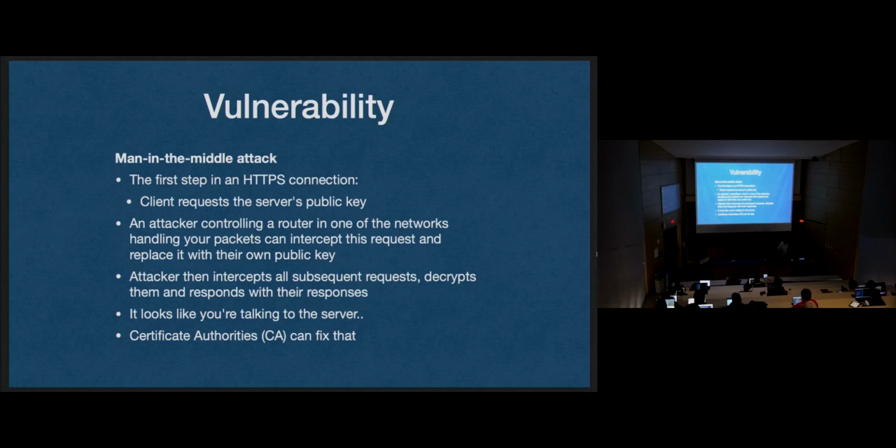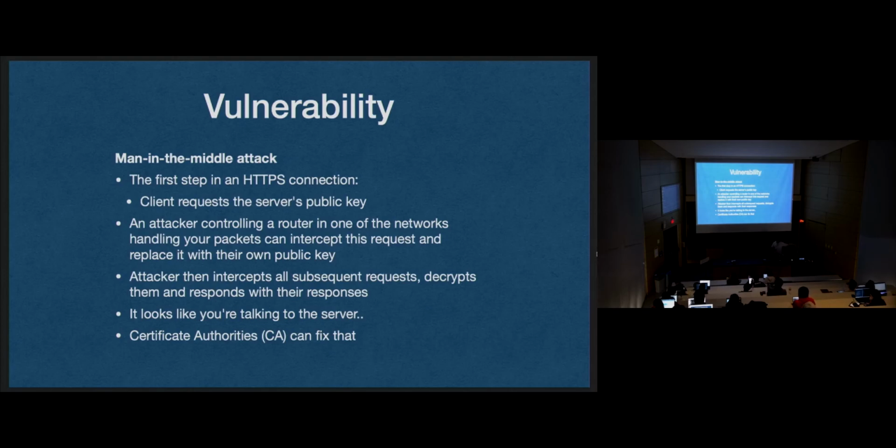where somebody's eavesdropping on that communication in a way where they can intercept the packets. So not just sniffing the packets out of the air, but controlling a router and being able to intercept that packet, not send it to the server, and then respond with their own packet. So they're actually in the middle of the communication, blocking communication with the server.